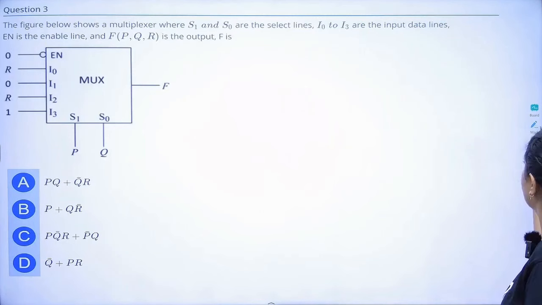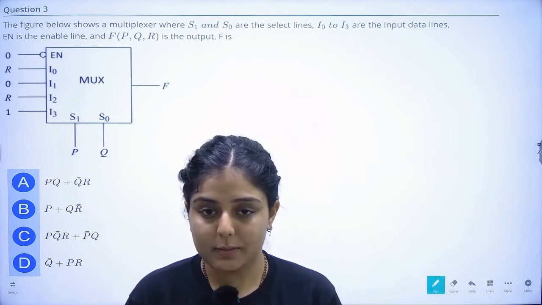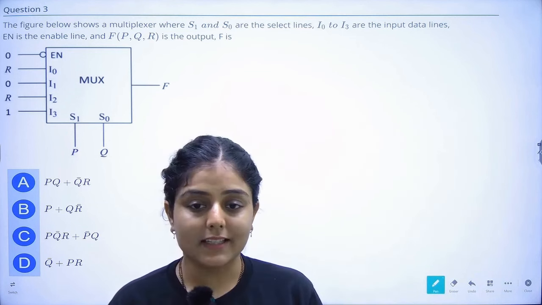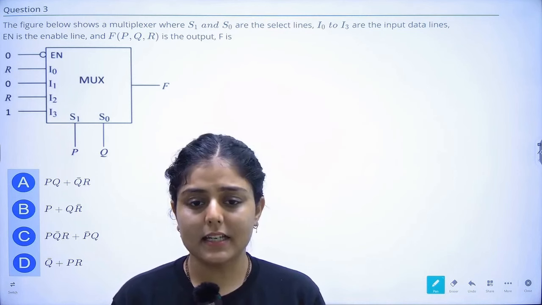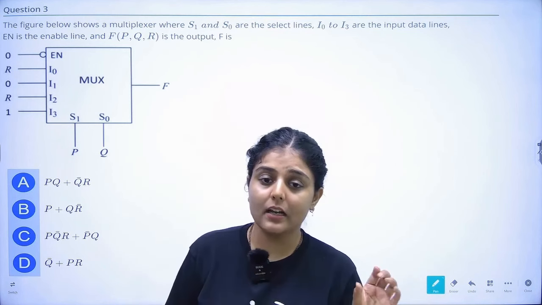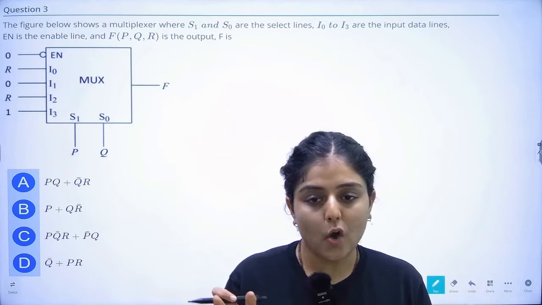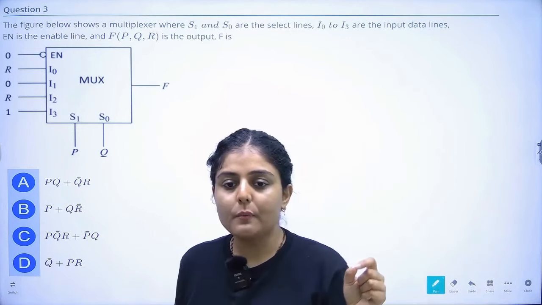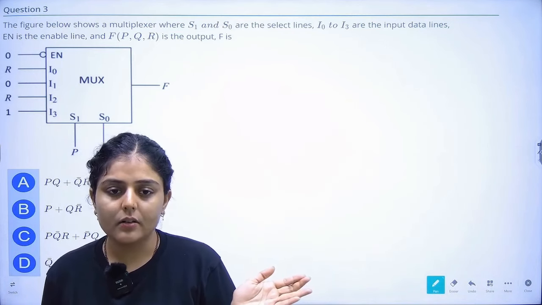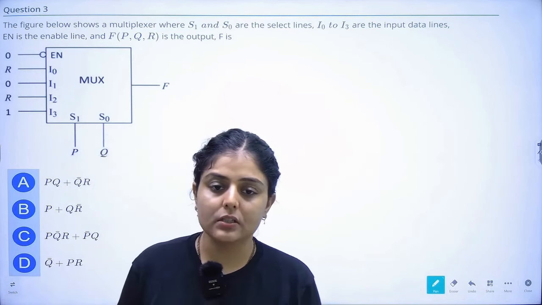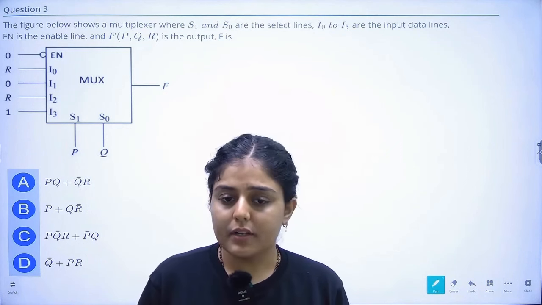Next question. In the next question, the figure below shows a multiplexer where S1 and S0 are the select lines, I0 to I3 are the inputs, and En is the enable. The enable line basically confirms that the mux is in operation mode. Only if I keep the enable on is the mux on, and the same goes for any other combinational circuit, demux or decoder, whatever.